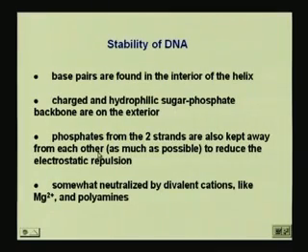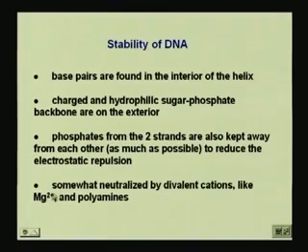Because they are negatively charged and they would reduce the electrostatic repulsion if they would be as far apart as possible. Some of this is neutralized by polyamines. Why would they be neutralized by polyamines or magnesium? Because they would be positively charged, they would counteract the negative charge of the phosphate and result in stabilization. Usually we have magnesium and polyamines that would result in the stability of DNA.